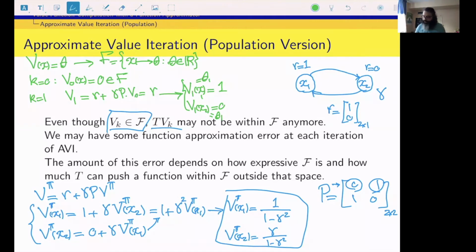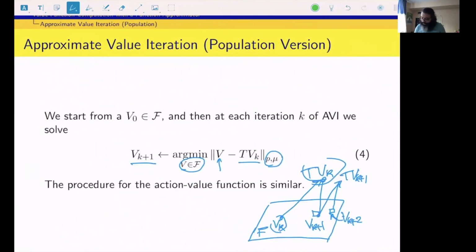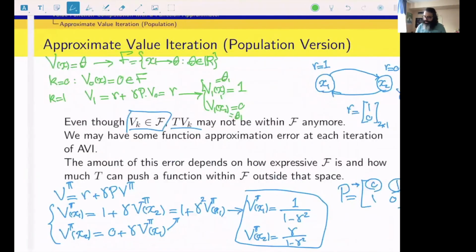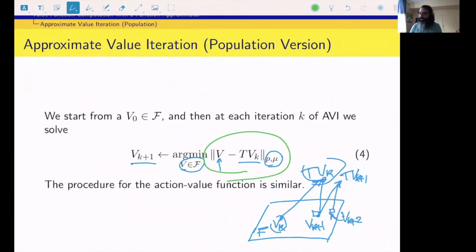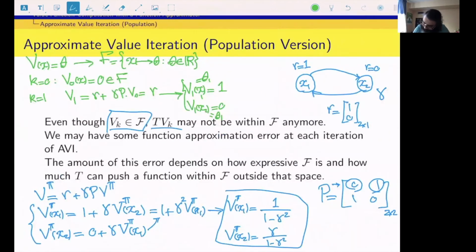If you want to do it according to this kind of loss function, we have to solve a minimization. We have to find the minimum over theta of theta minus 0 squared plus theta minus 1 squared.